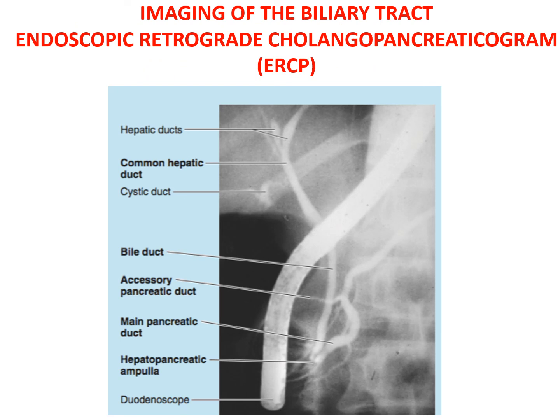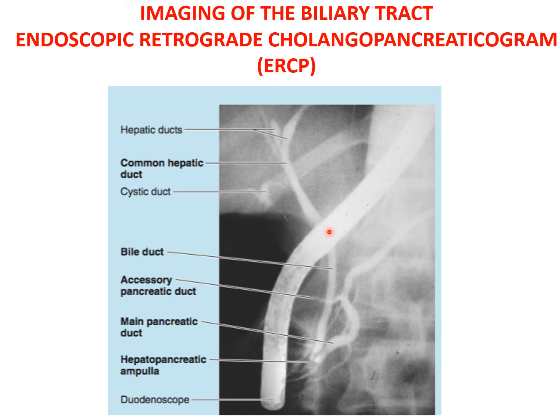Endoscopic retrograde cholangiopancreaticography, also known as ERCP. This has become a standard procedure for the diagnosis of both pancreatic and biliary diseases. In this, first a fiber optic endoscope is passed through the mouth, esophagus and stomach.